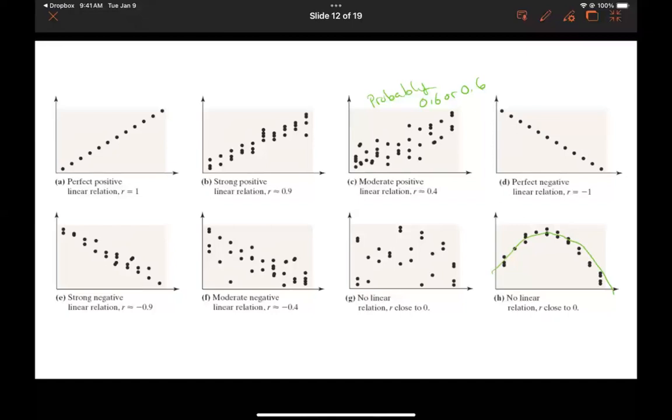Okay, I'm going to go to my other screen, and I'm going to give you my rule of thumb. The way that I talk about determining whether an R value is strong or weak or moderate is that it really depends on the context of the situation.